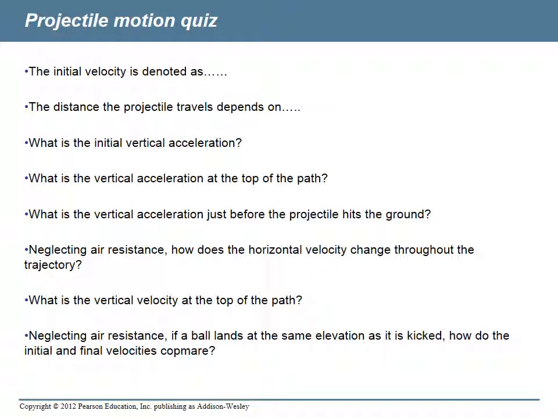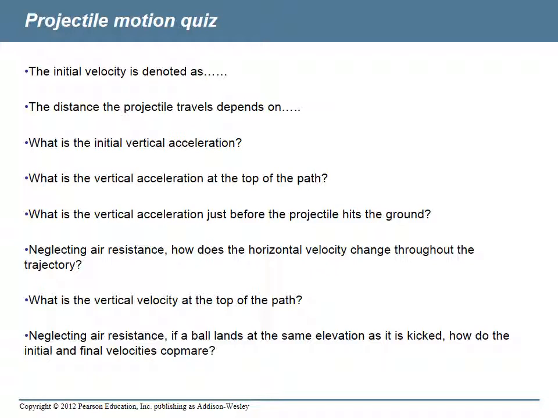Okay, obviously not really a quiz, but a quiz for you who are taking this video. The initial velocity: how can we denote the initial velocity? We're talking about two dimensions here, right? We're talking about motion in a plane.